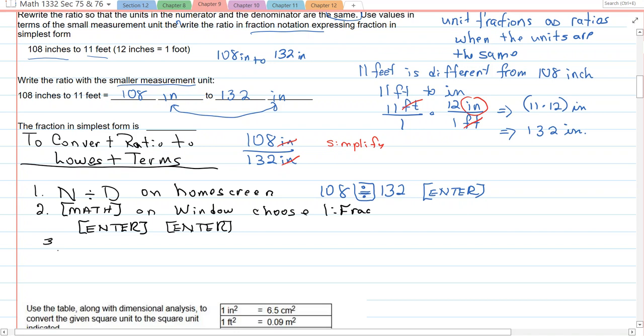And the third step is to read the fraction in lowest terms. All right, so let's do this concept here.